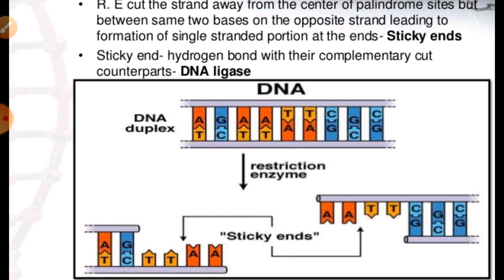The overhanging strands are called sticky ends, which can attach to the helix structure. Simply, the overhanging strands are known as sticky ends on each strand, as generally shown in the diagrams.